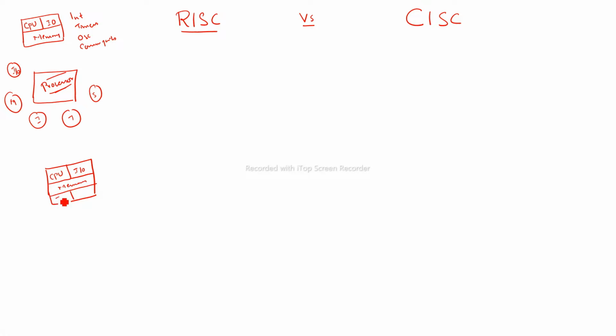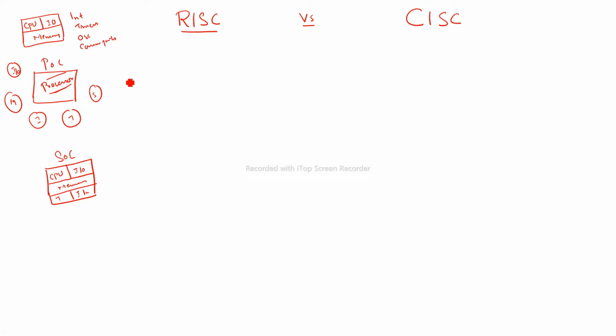Then I can insert the timers and the interrupts. So these major system components I can embed into a single chip. Since this complete simple system is on the chip, I call it a system on chip, and the other is a processor on chip.